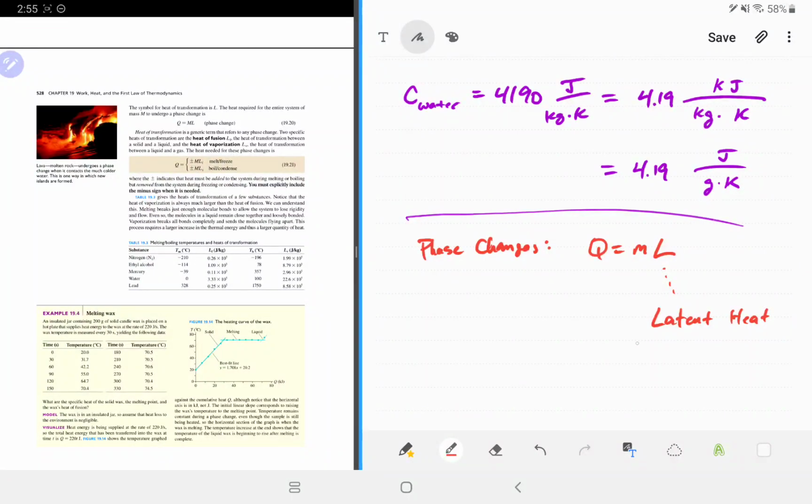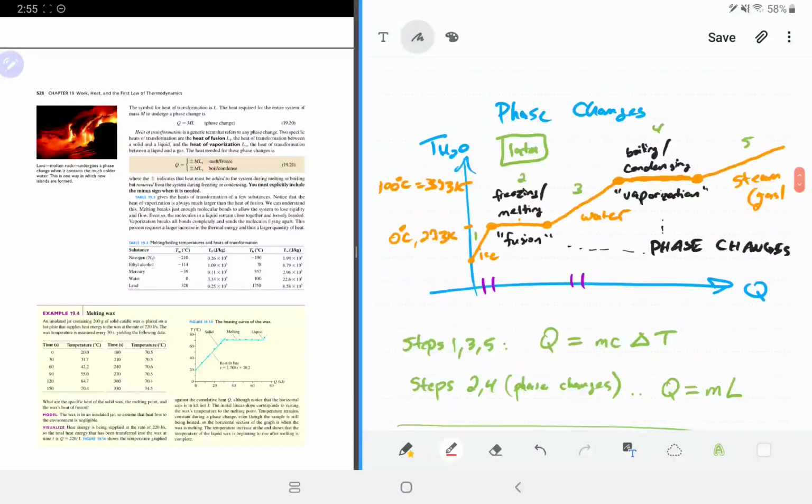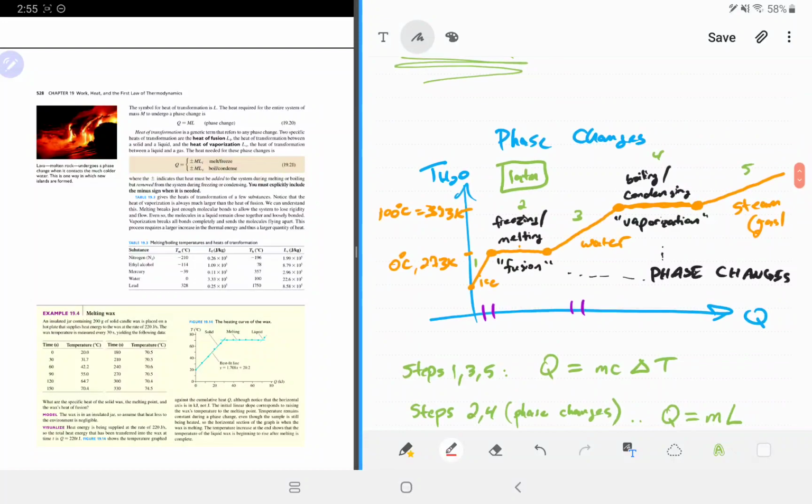And it could be the latent heat of vaporization for one kind of phase change, or the latent heat of fusion for another kind of phase change. So notice how I've already written these words.